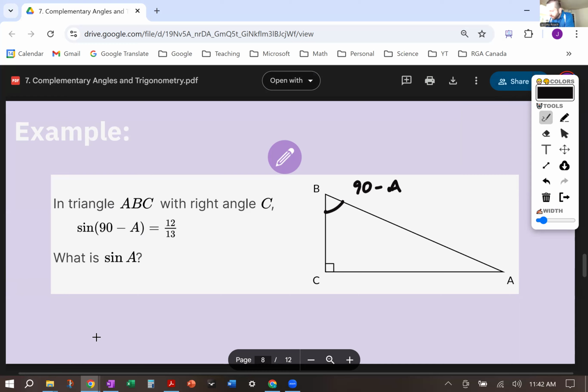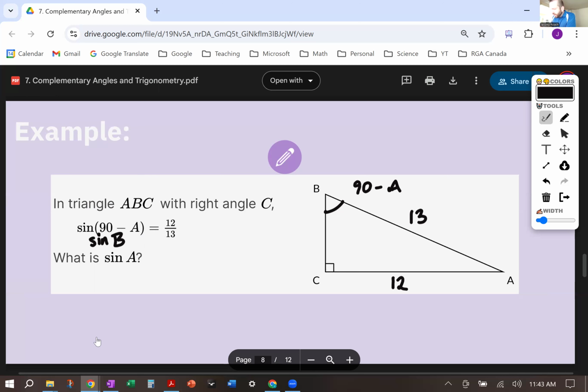So opposite is 12. Hypotenuse is 13. So it's saying that's what sine, let me write this way, that's what sine B is. Sine B is 12 over 13. Erase that. It's actually just easier to see it that way.